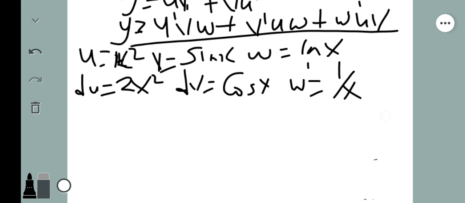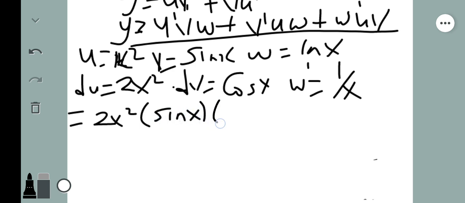Inputting this into the formula, you have u prime, which is 2x, multiplied by v and w. v is sine x and w is ln x, so you have sine x ln x.